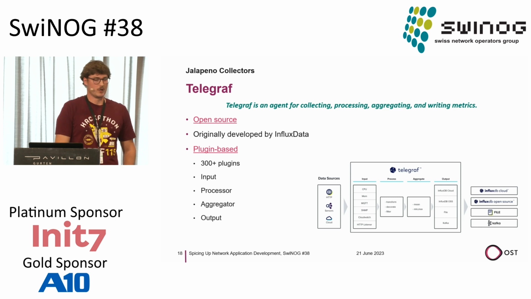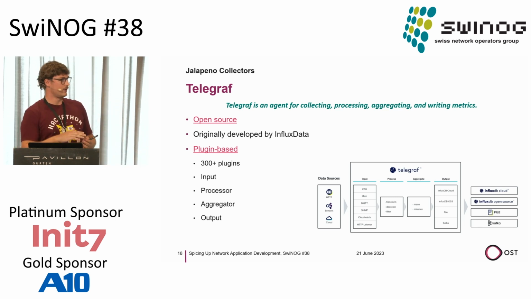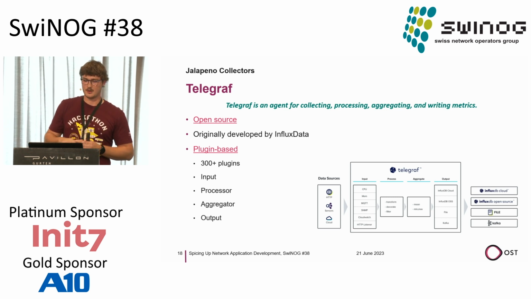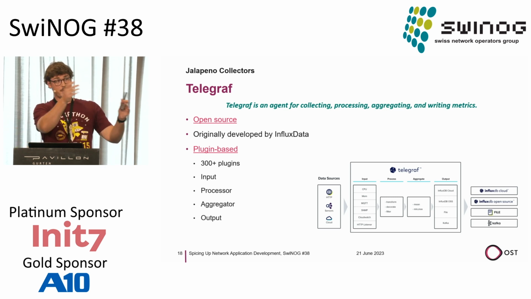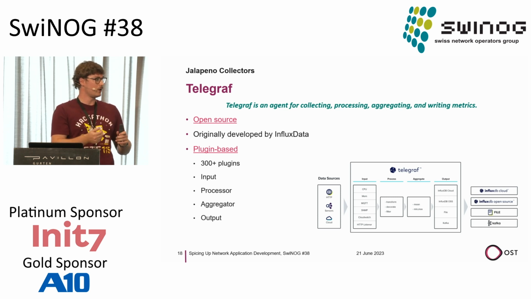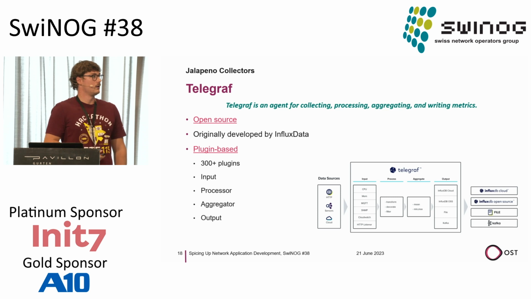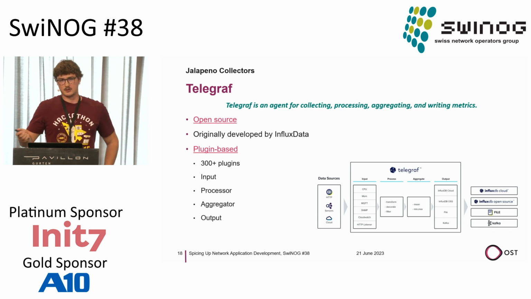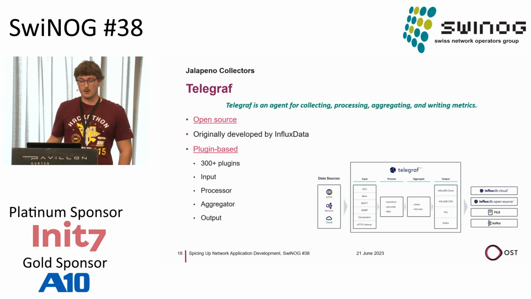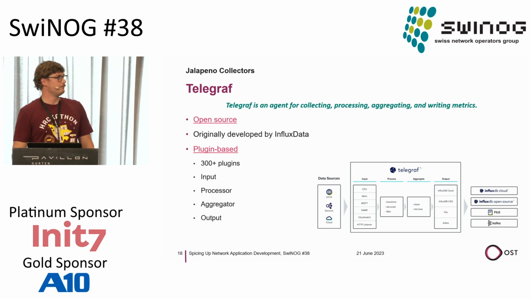Meanwhile, they have over 300 different plugins. For example, you have input plugins where you define the data source, such as an HTTP-based service or Kafka. The same goes for processing and aggregating, and then on output, you define where you want to write or send the data. It can be an Influx database or also Kafka.